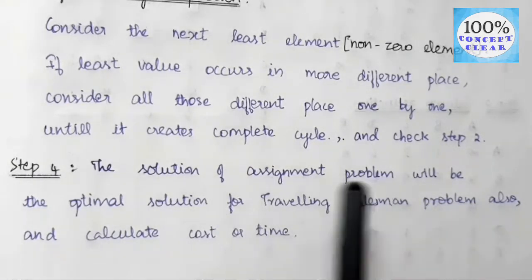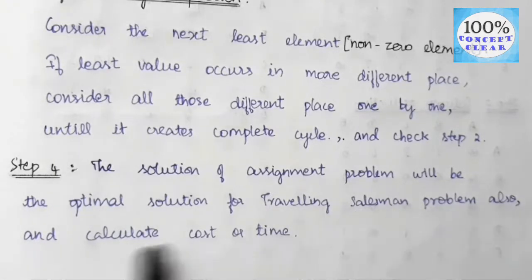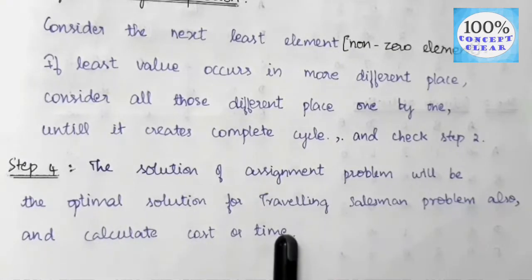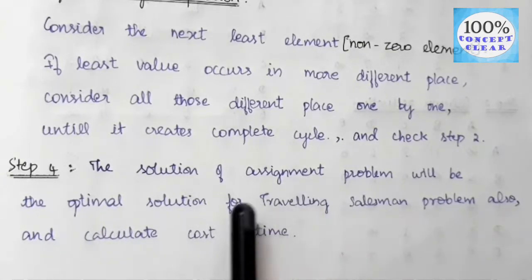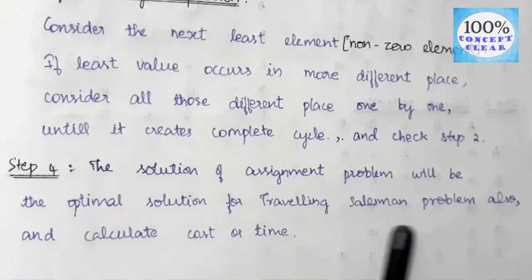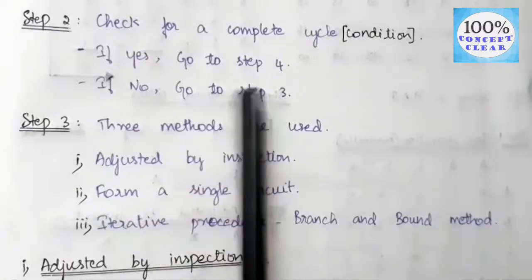Then we can calculate the cost and time as usual. But in some cases, the Hungarian assignment solution does not satisfy the traveling salesman condition. In that case, we should move to step 3. If no, go to step 3.